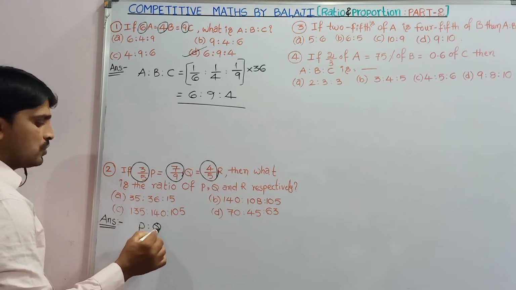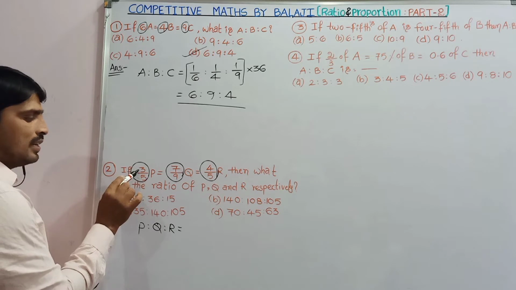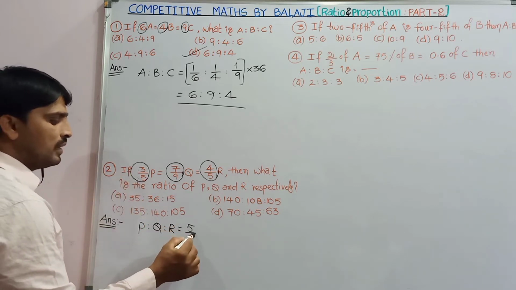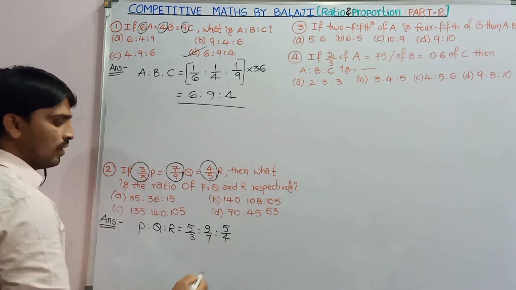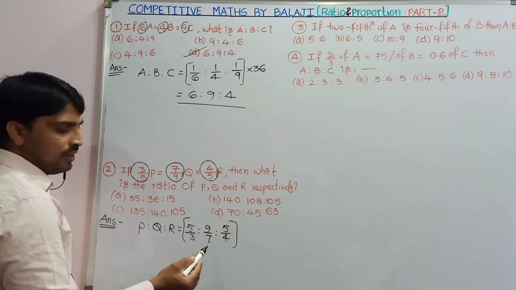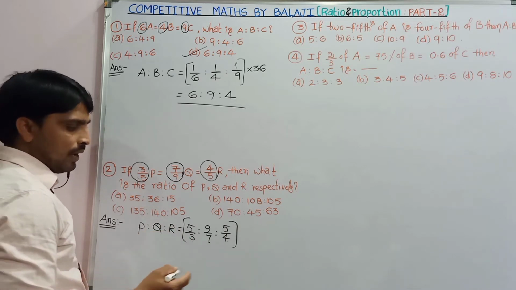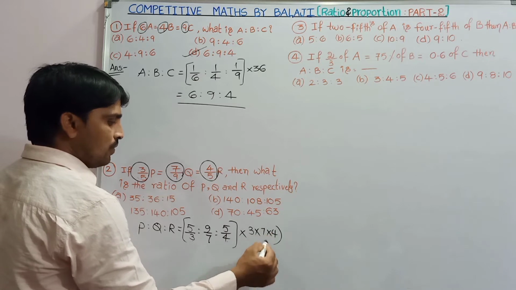Directly P is to Q is to R, take the reciprocal of this fraction. Reciprocal of 3 by 5 is 5 by 3, is to 9 by 7, is to 5 by 4. Again consider LCM of 3, 7, 4. 4 is even, 7 and 3 are odd or prime. So product of 3, 7, 4 is the LCM of these three numbers.